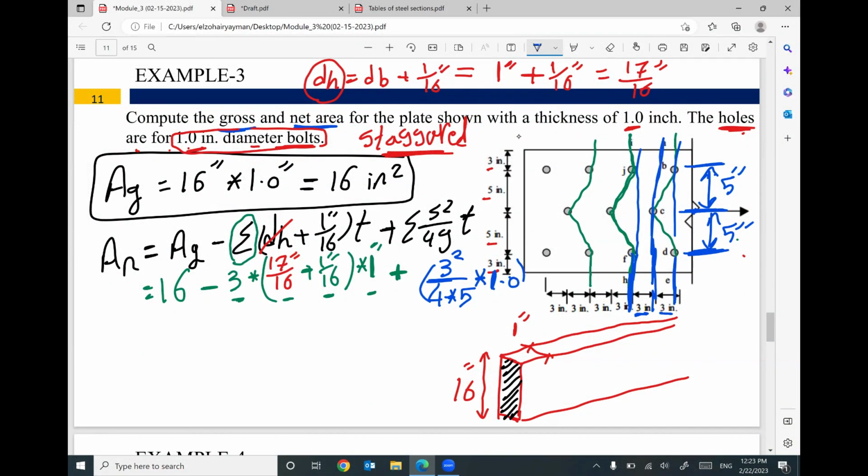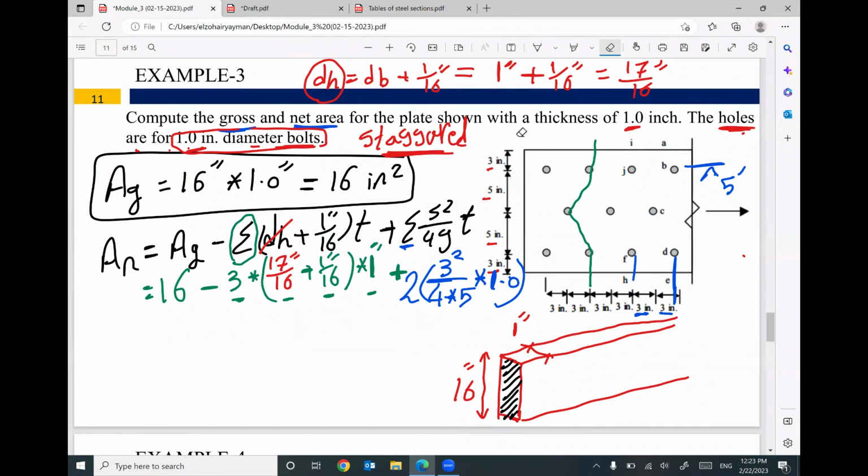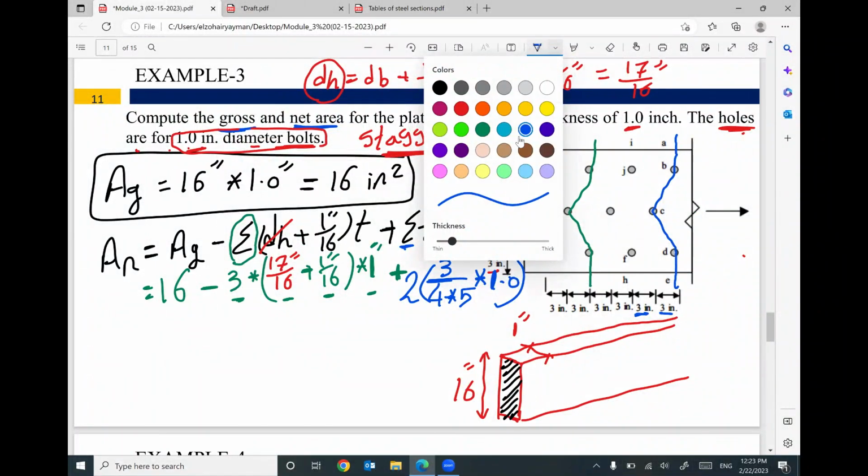Times summation. What is the summation here? The summation is the number of inclined lines in your section. It will be 2. Guys, look at me here. It's very important. I found all of these examples or problems in the PE. So if you draw your section here, this is the expected failure section. How many inclined lines are here?